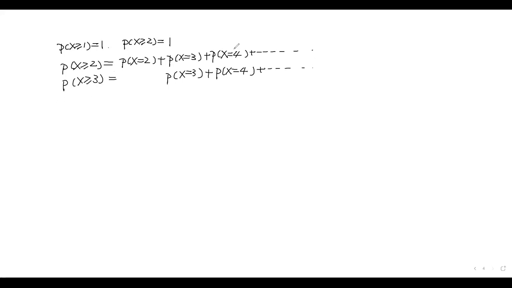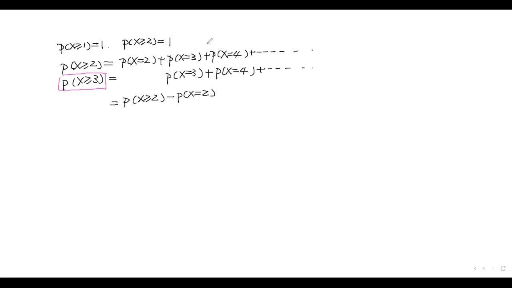So for the probability x greater than or equal to 3, what can I do here? They only differ by one term, so I can write it as the probability x greater than or equal to 2 minus the probability x equal to 2, correct?